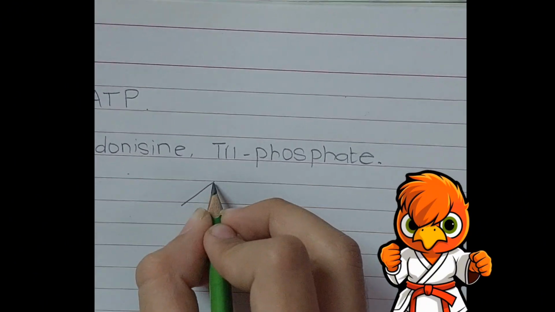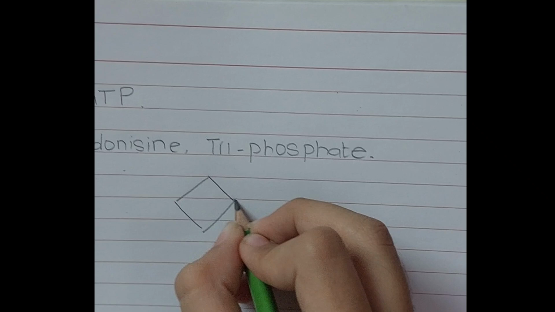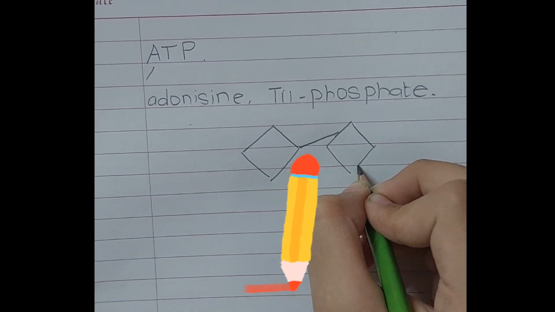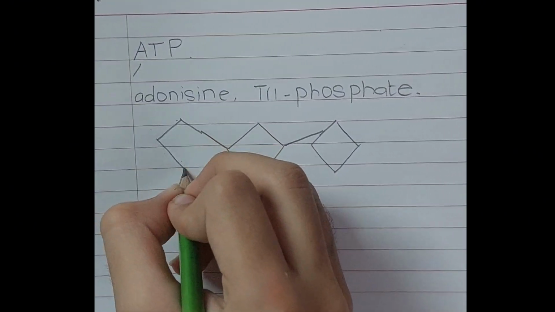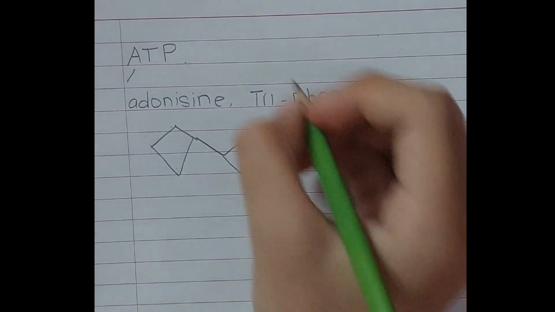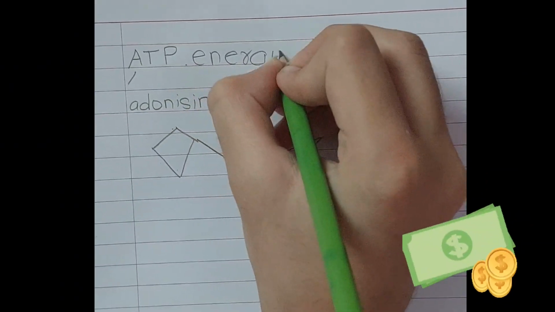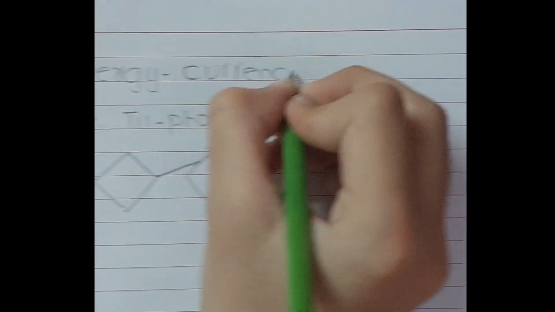Its structure is like this. These are also known as the energy currency, in which when the plants or cells need energy, they break it down so that they can get energy.